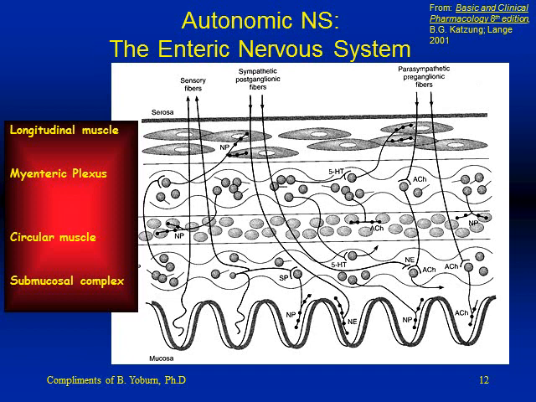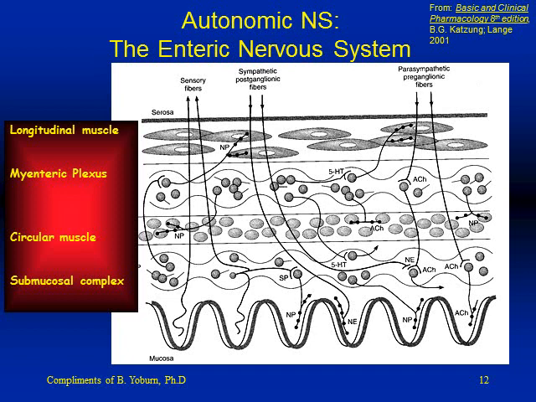The reason some textbooks classify this separately is because there are other transmitters here playing a role in the function of the gut, in its contractility, in its relaxation, things such as serotonin, substance P, etc. Those are not classically considered as sympathetic stimulants or parasympathetic stimulants, and so the book classifies them into this third category.